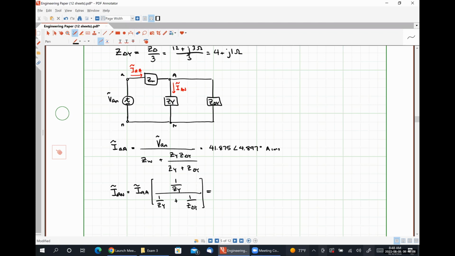If I substitute in numbers here, I find out that IAN is equal to 13.958 with an angle of 4.897 degrees.